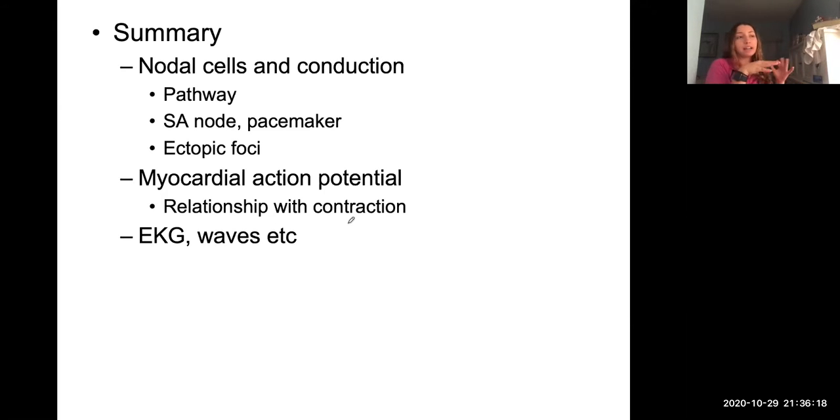The calcium binds to the troponin, and the tropomyosin slides, and then it allows the actin and myosin to slide and contract. And this causes contraction of the myocytes, but the depolarization of the nodal cells, through the gap junctions, is what causes the action potential to fire in the myocardial cells. And that's what causes contraction. If that confuses you, I'm sorry.